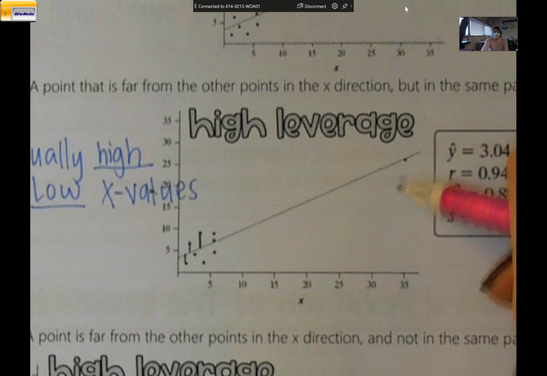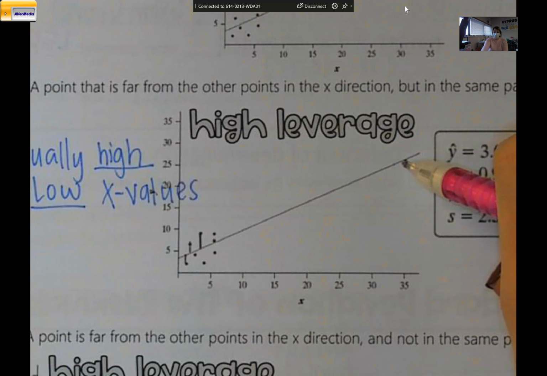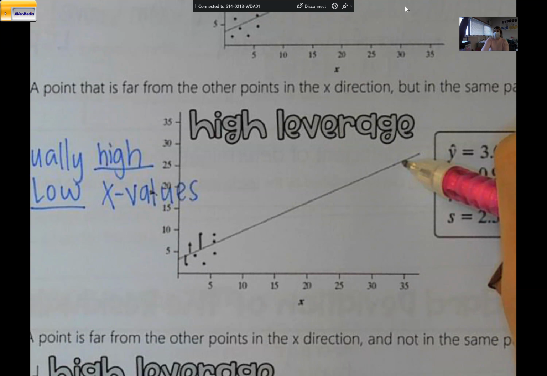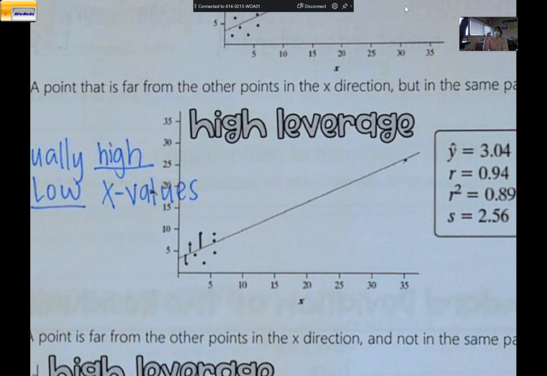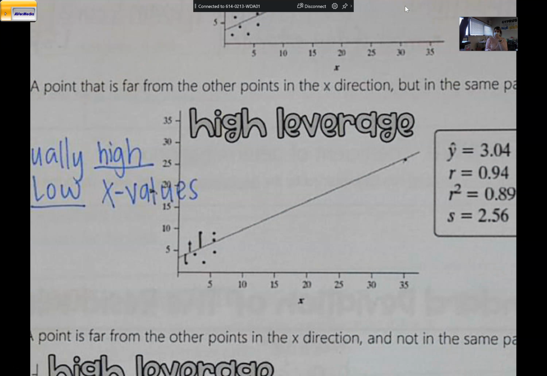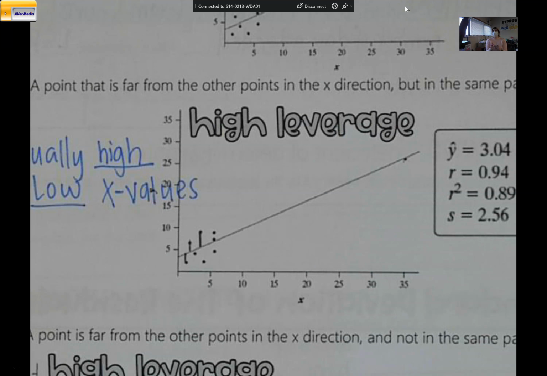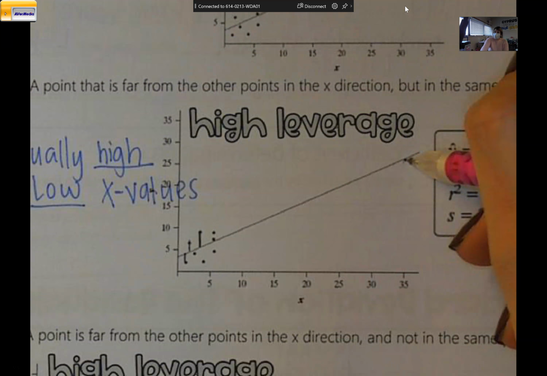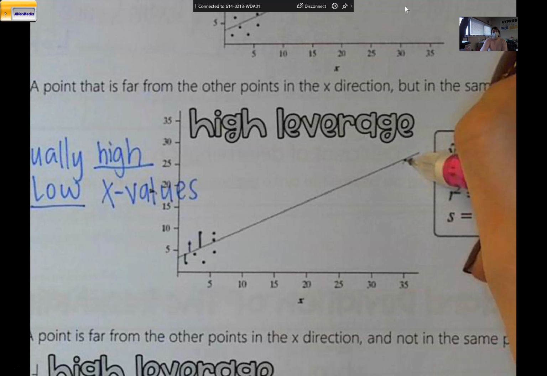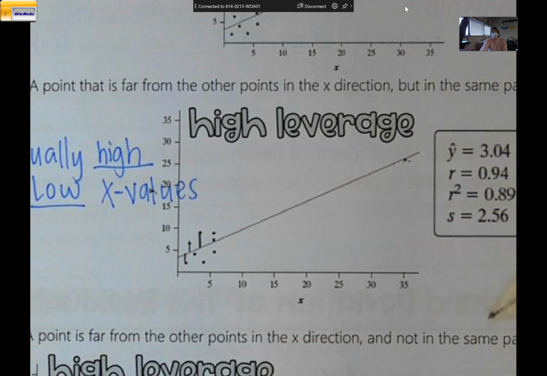This point is very close to the prediction, so that will decrease your average residual. The closer a point is to the line, the smaller the residual, the farther away, the larger the residual is. So this decreases S, which we want because it's so close to the line. Are you guys okay with that?